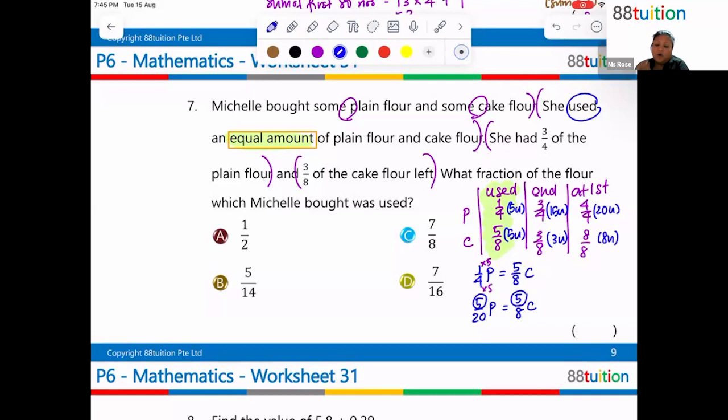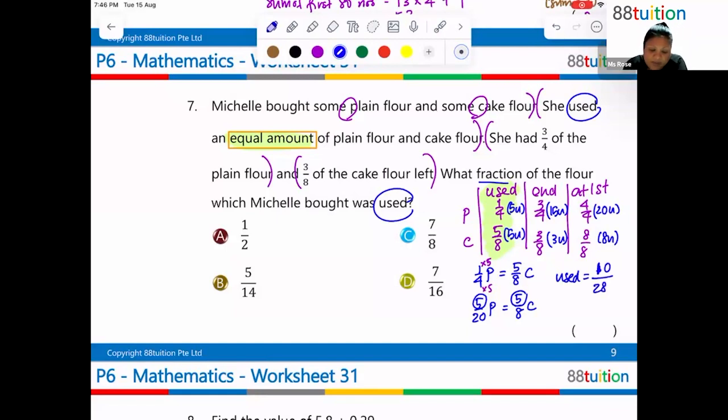The question: what fraction of the flour which Michelle bought was used? We have 5 plus 5, which is 10 out of a total of 28.